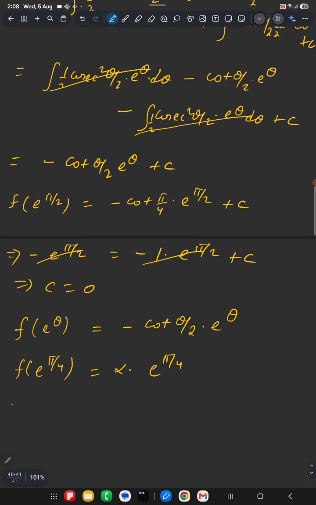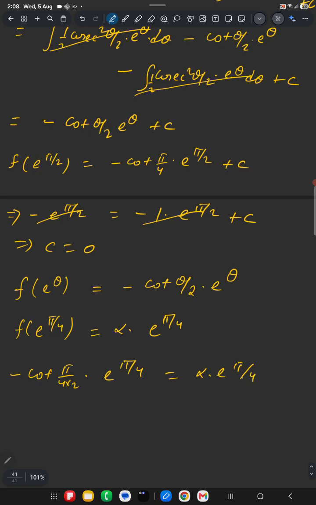So let us find that also. It will give you minus cot of pi by 4 into 2, that is pi by 8, into e power pi by 4 equal to alpha into e power pi by 4. So you have to solve this one only. e power pi by 4 and e power pi by 4 will get cancelled. Then you will get alpha equal to minus cot pi by 8.